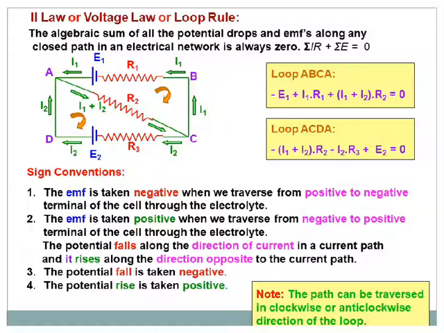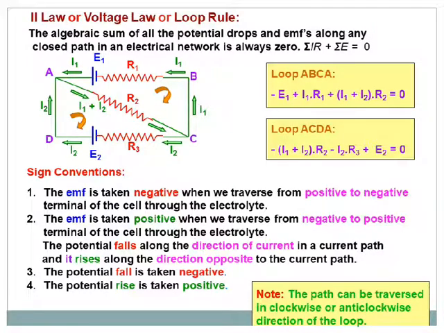The statement is: the algebraic sum of all the potential drops and EMF along any closed path in an electrical network is always 0. Again, I am telling you, the algebraic sum of potential drop, that means V, and the algebraic sum of V and EMF, that means E, so summation V plus summation E is equal to 0.